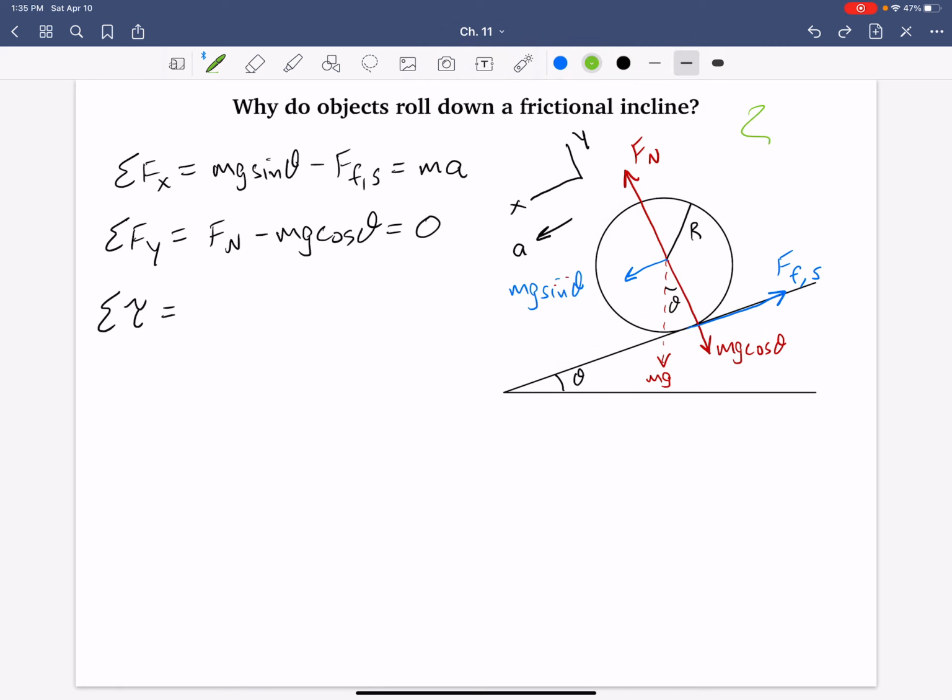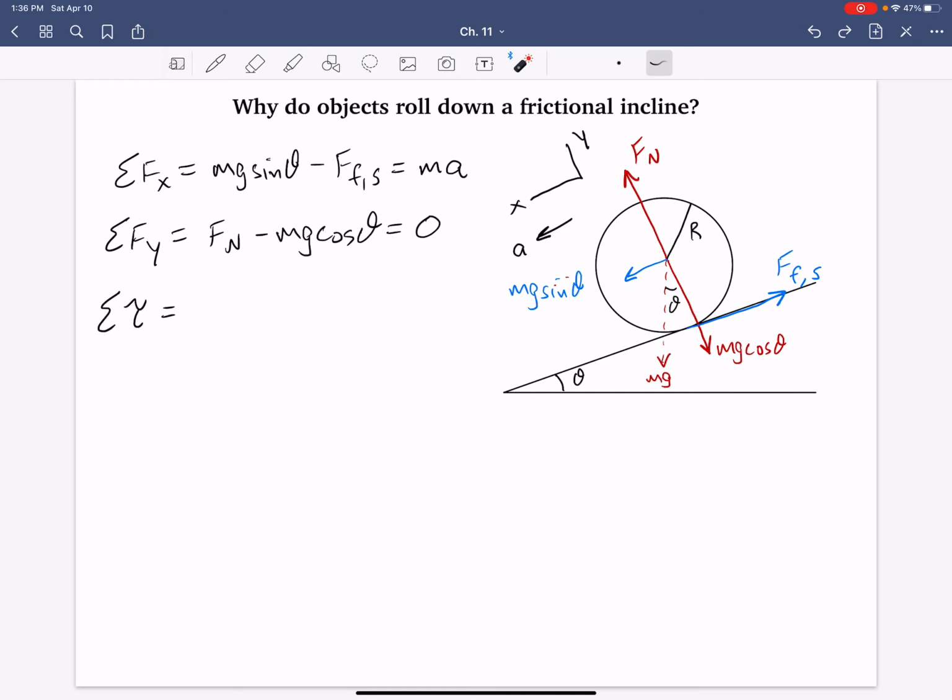We'll try the dark green. Okay, so the frictional force here is acting a distance of capital R, in other words, the radius of that ball away from the rotational axis.